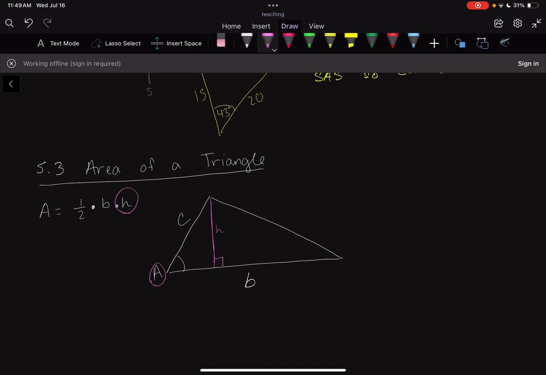So my H is my opposite side from A, and then C is my hypotenuse. Now, usually we don't have a hypotenuse when dealing with oblique triangles. The only reason we do right now is because of this little triangle right here that has this right angle because of the height.